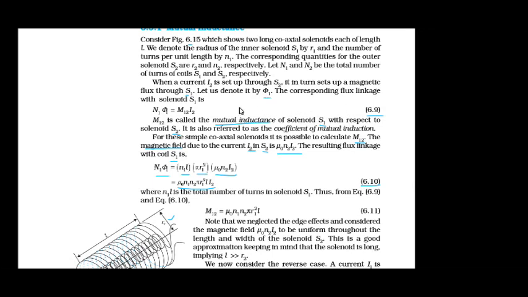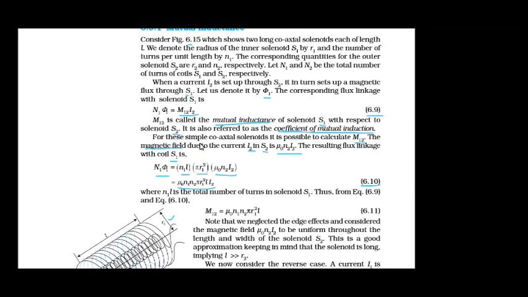The corresponding flux linkage with the solenoid S1 is N1 phi 1 is equal to M12 I2. M12 is called mutual inductance of solenoid S1 with respect to solenoid S2. It is also referred to as the coefficient of mutual inductance.